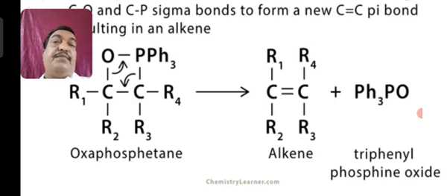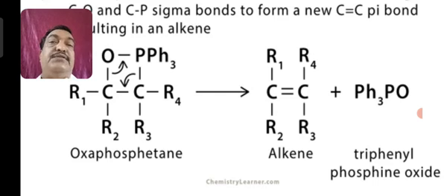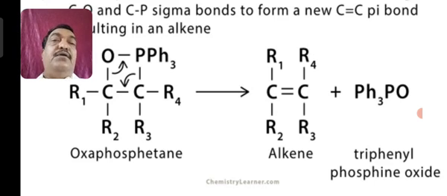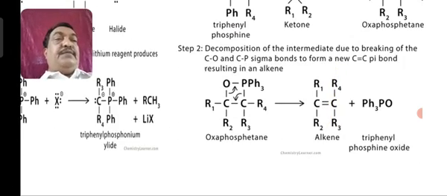You can see R1 C R2 O connected with phosphorus, that is PPh3, and again that phosphorus is connected to the carbon having R3, R4. So there is a shift of the bond between carbon and oxygen towards the phosphorus, that is, a P=O double bond is going to form, and the P-C bond will shift to the carbon. So alkene and triphenyl phosphine oxide will be formed here. So this is the mechanism, right?